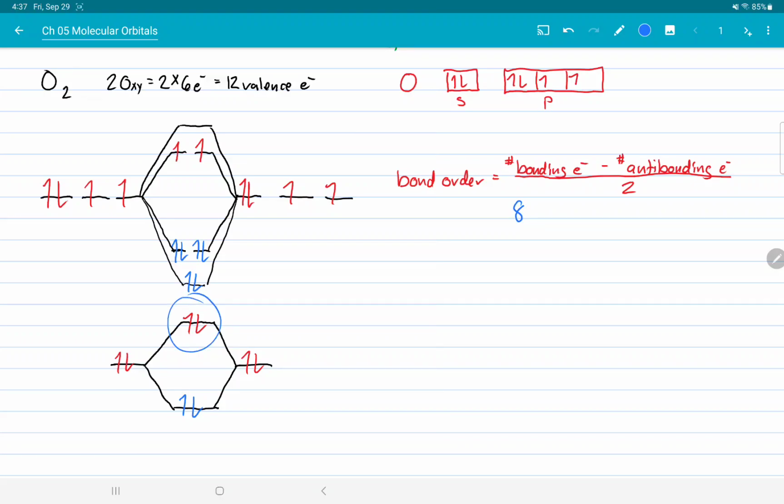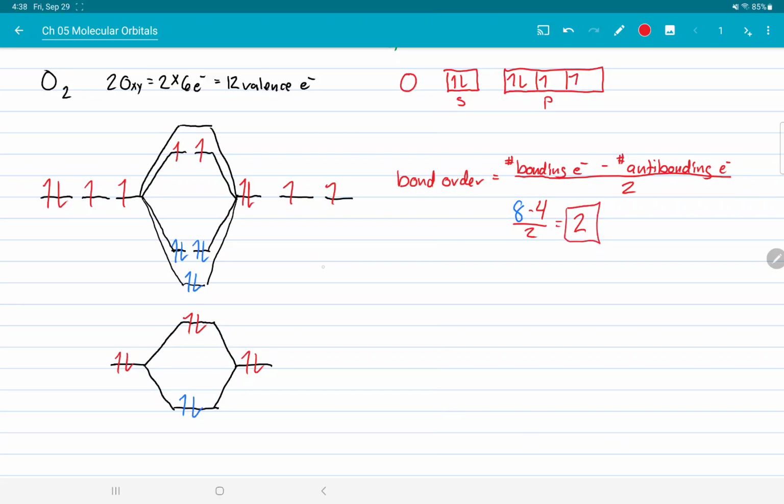And we have 1, 2, 3, 4 anti-bonding electrons. Divide all that by 2. We would have 8 minus 4 would be 4 divided by 2. We would have a bond order of 2.